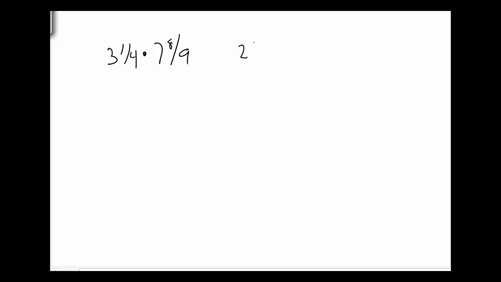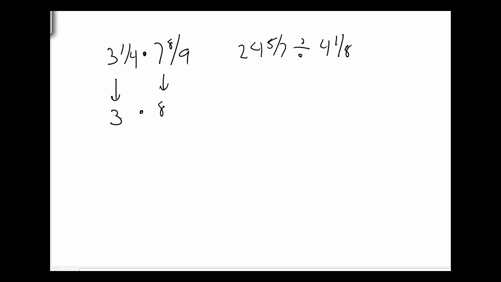Again, we're not looking for exact answers. We're just looking for a roundabout answer to what we would expect it to be. So I'd look at my two numbers, and 3 1/4 is kind of close to 3, and 7 8/9 is kind of close to 8.